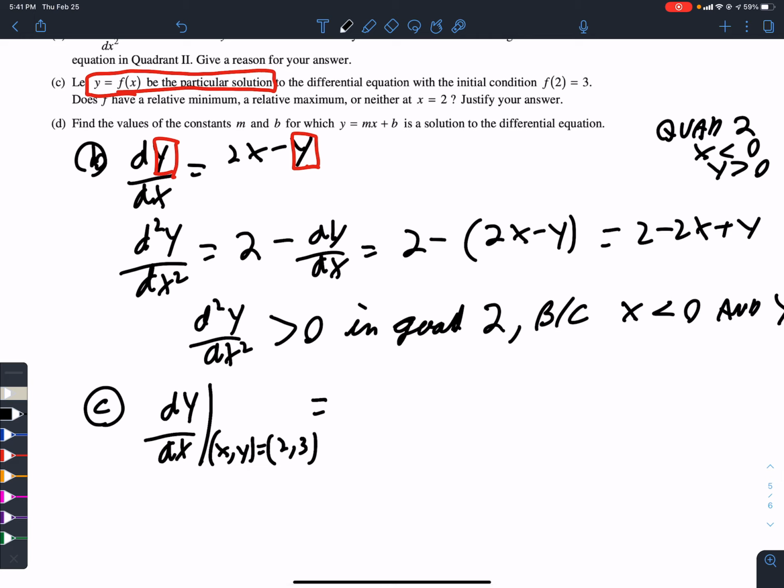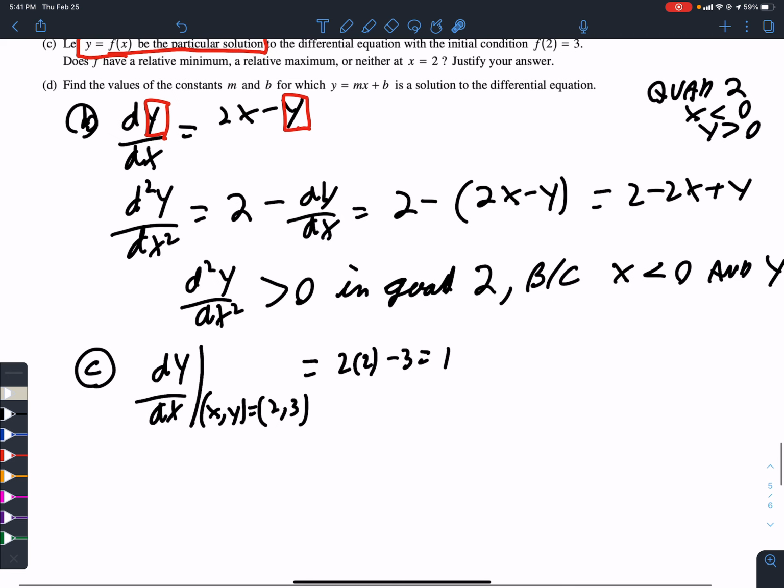At 2, 3, I'm going to have 2 times 2 minus 3 equals 1. So the slope at 2, 3 is 1. It's not a critical point. Therefore, I have neither a relative max nor a relative min.